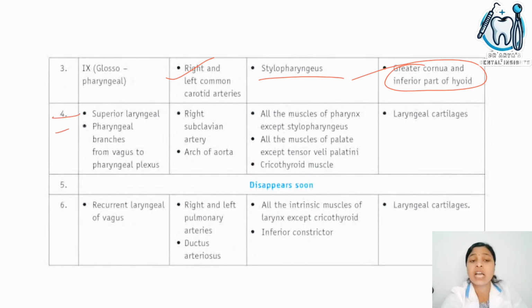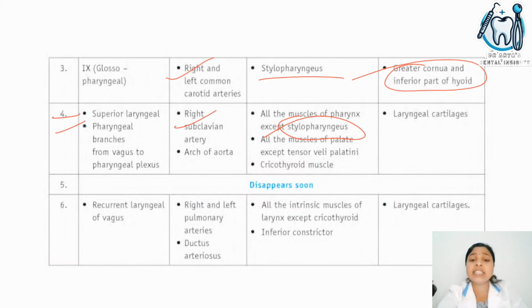Then fourth arch, it is superior laryngeal and pharyngeal branches from vagus to pharyngeal plexus, right subclavian artery and arch of aorta. All the muscles of pharynx except stylopharyngeus, because stylopharyngeus is supplied by glossopharyngeal nerve, are supplied by superior laryngeal nerve.